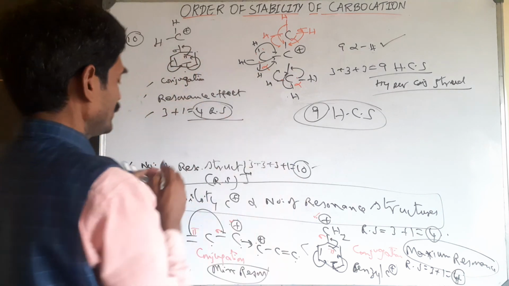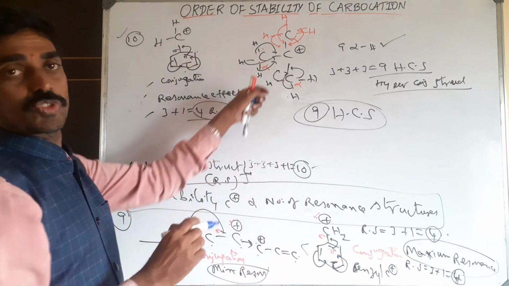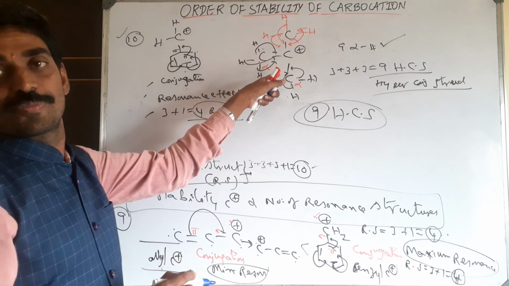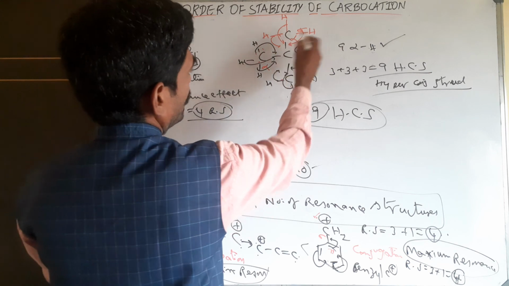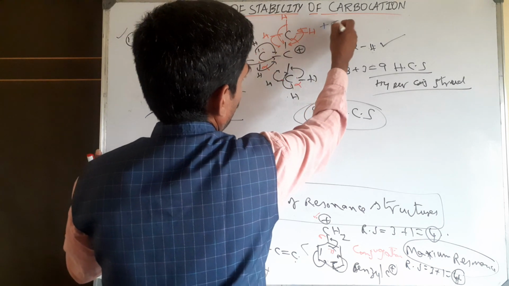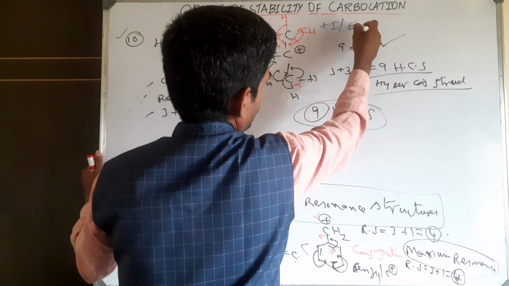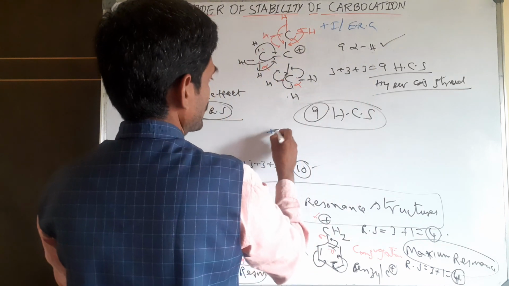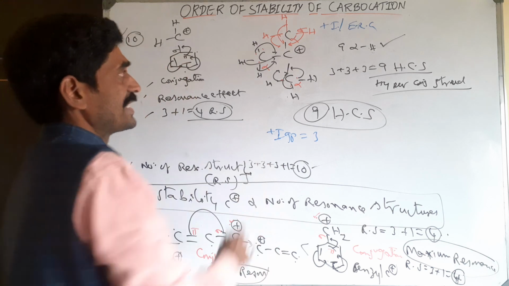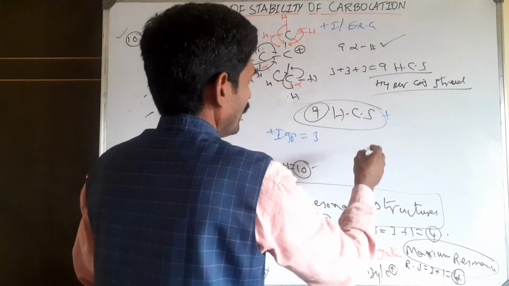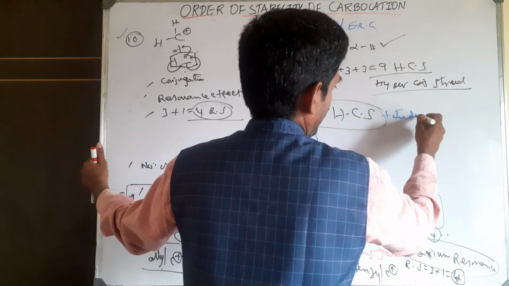And one more factor also happens here in the tertiary butyl carbocation. What is that? Tell me. Yeah, these are alkyl groups, that is, plus I groups, electron releasing groups. How many are there? 3 are there. They release electrons, so the inductive effect is also operating.